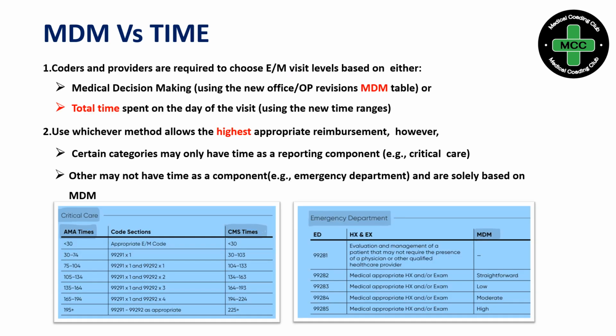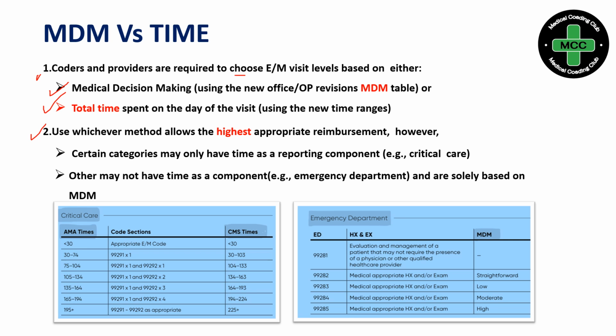So next, MDM versus time. Here this is very important. Please pay attention and listen to this. Coders and providers are required to choose the E/M visit level based on either medical decision making or total time spent on the date of visit.